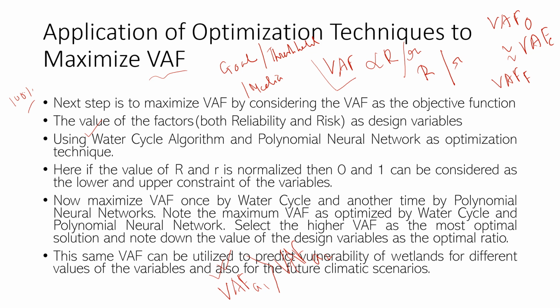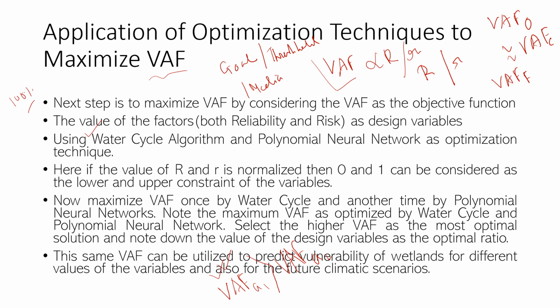So with this I will finish. I have given an idea of the project objective, how to achieve it, and the benefit also, because by this we are proposing an optimal VAF, an optimal median, or we are giving a reference frame to identify the degree of vulnerability of our wetlands.